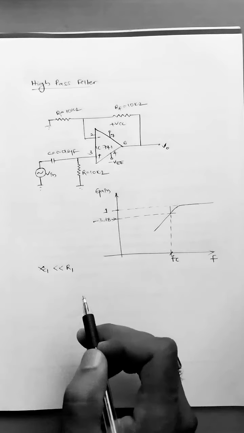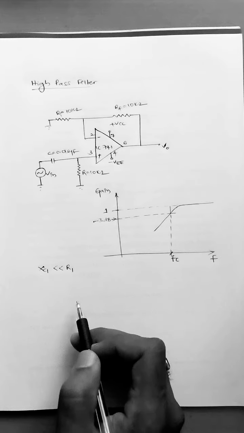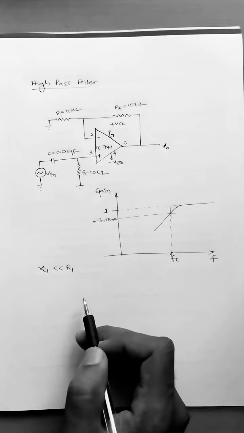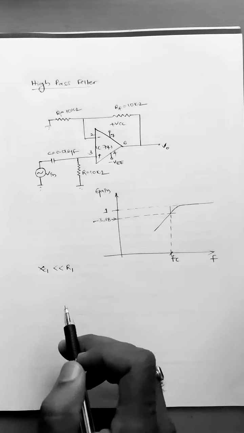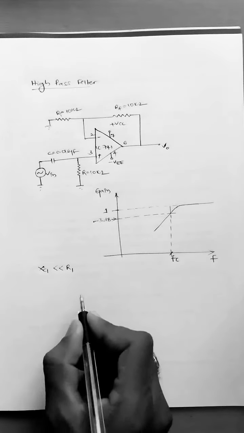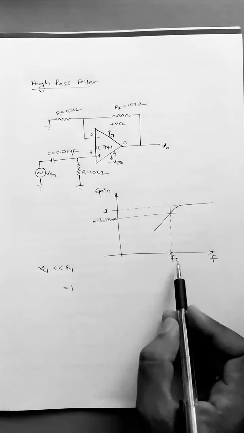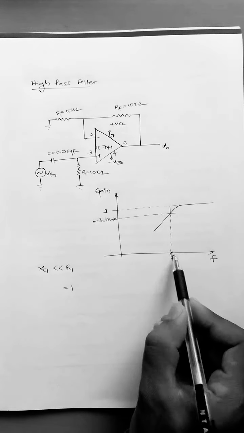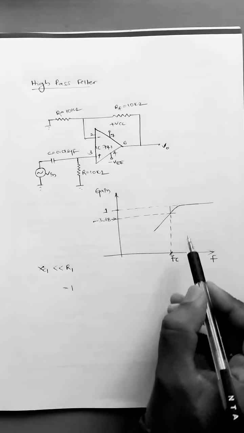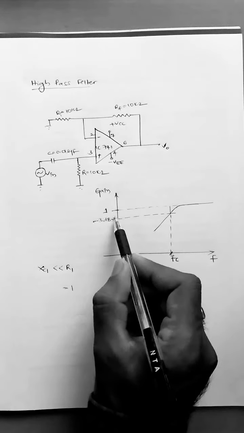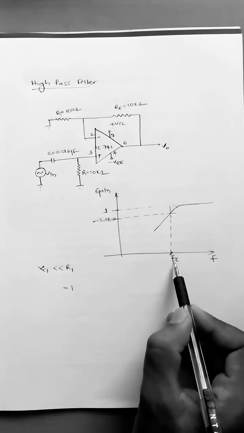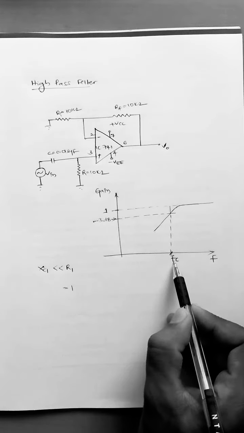XC1 goes on decreasing, and the circuit voltage gain is reaching the value of 1, you can see here. And the frequency when the output is 3 dB less than the maximum value, we are calling it as a cutoff frequency FC.